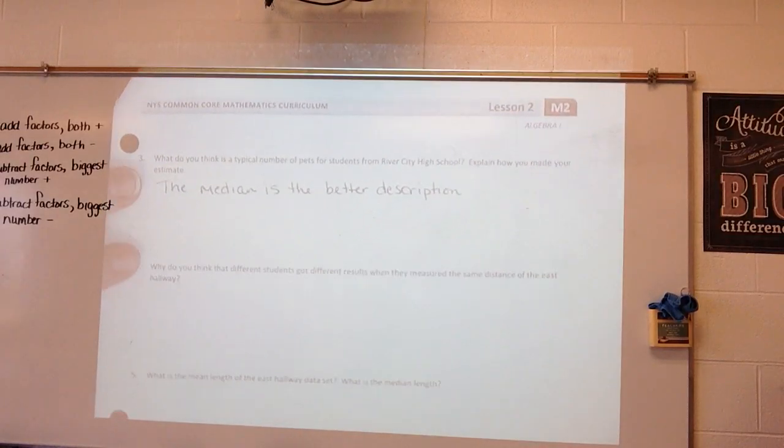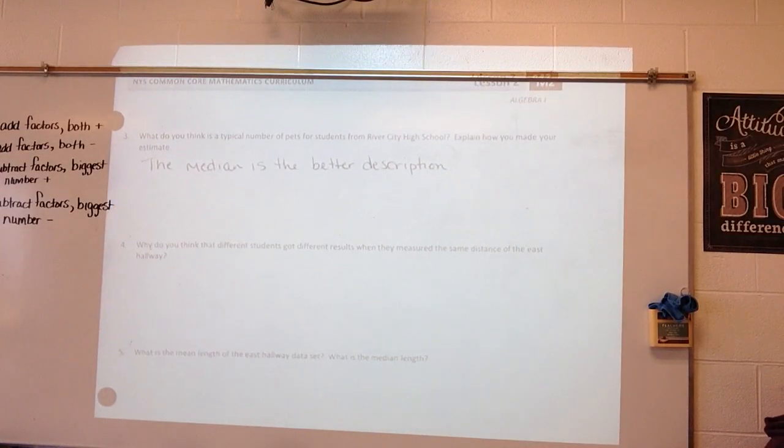Why do you think that different students got different results when they measured the same distance of the east hallway? Measurement errors can occur because of where they place the ruler.